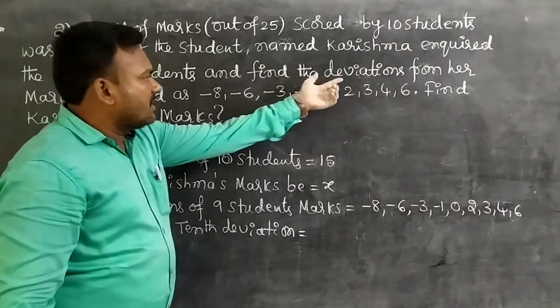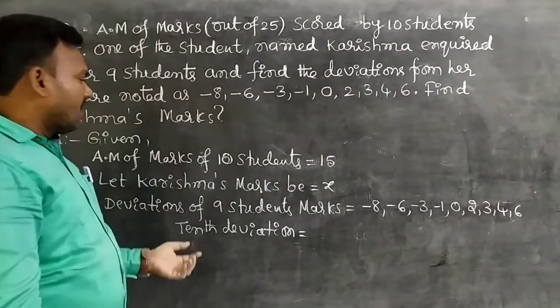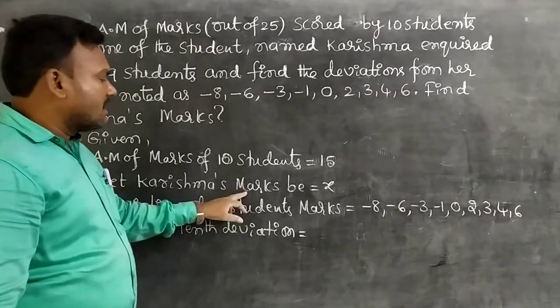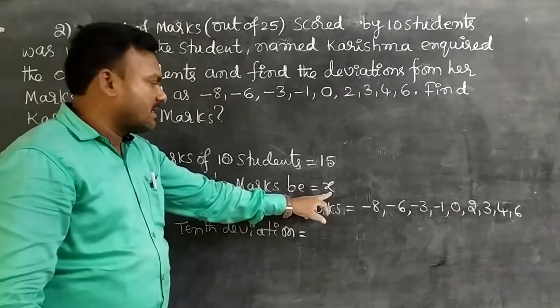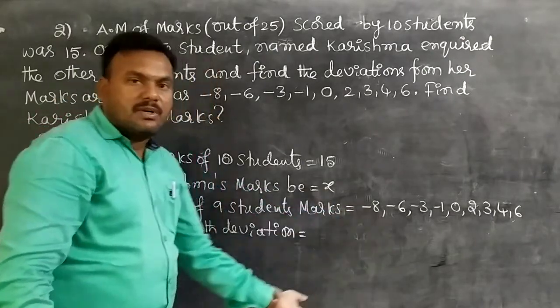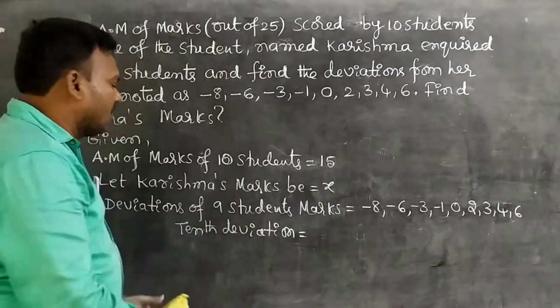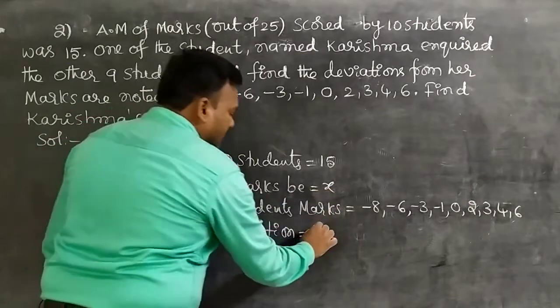Find the deviations from her marks, noted. So from her marks noted means this is the estimated mean. Equal to how much? X value. Estimated mean is X. These are without Karisma, these are the deviation values, students. Then the deviation equal to, what is the estimated mean? Estimated mean is also Karisma's marks.